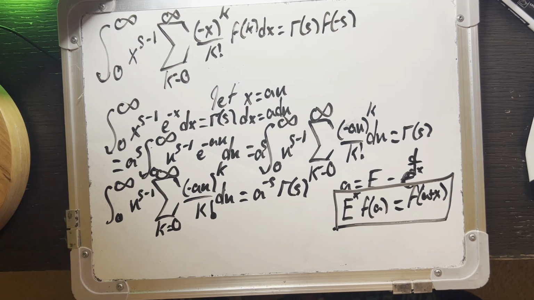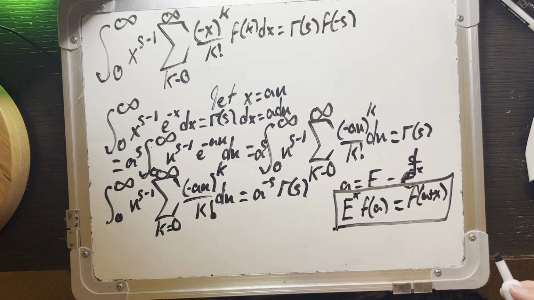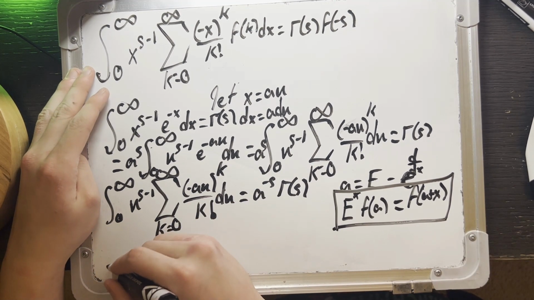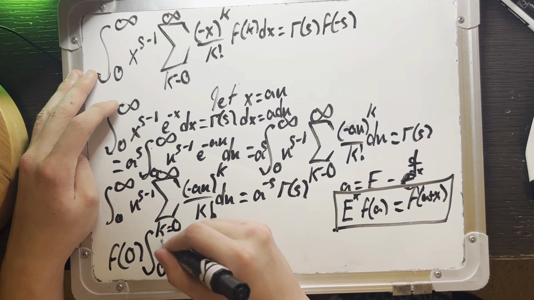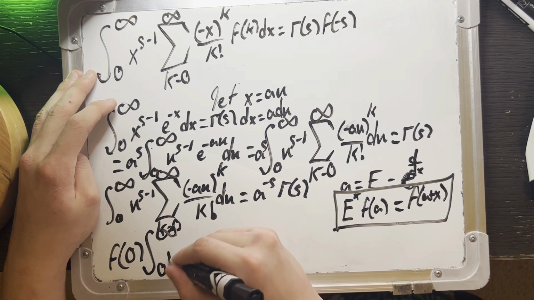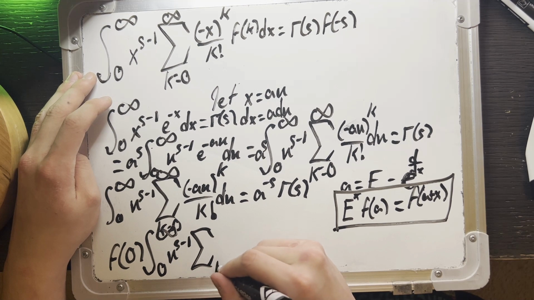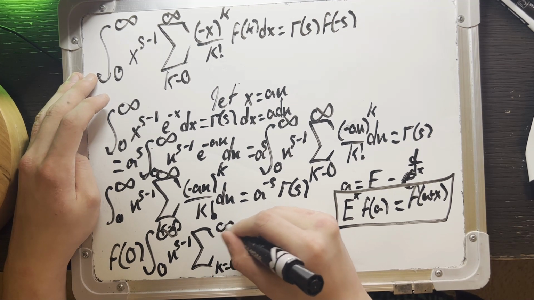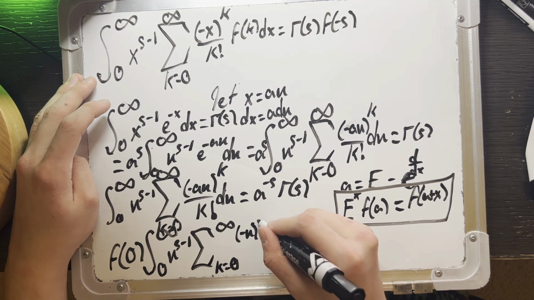It's not copyrighted. It's not a trademark, but it's okay. Now we need to make it so we have an arbitrary function. So we're going to multiply both sides of the equation by an arbitrary function. So we're going to get f of 0 times the integral from 0 to infinity, u to the s minus 1 times the series as k equals 0 to infinity, minus u to the k.